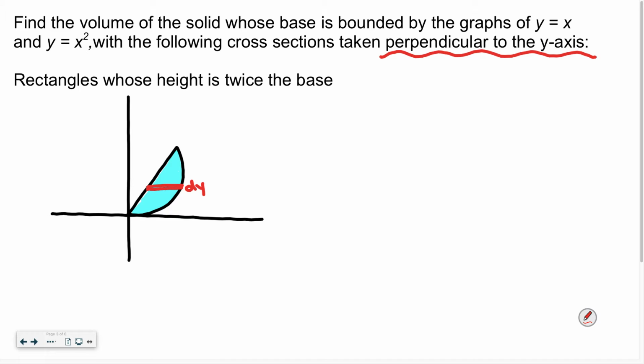Well, let's go ahead and label these equations since we have to change them. So instead of y equals x, we want to think of this as x equals y. And instead of y equals x squared, we would want to think of this as x equals, in this case, positive radical y, because we're on the positive side.